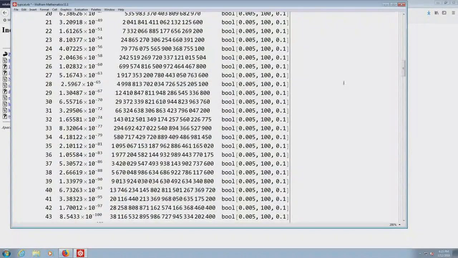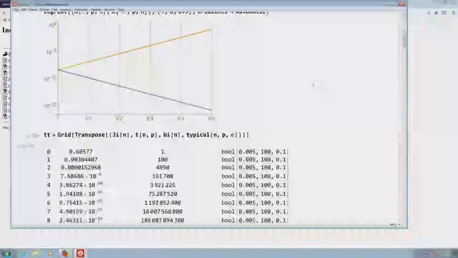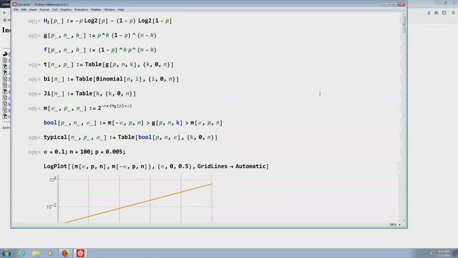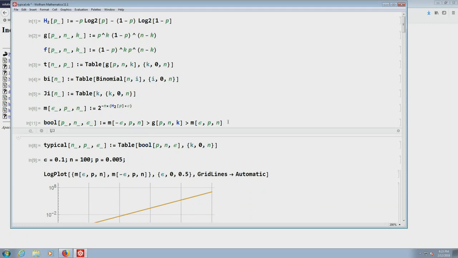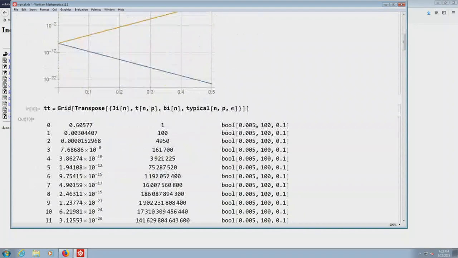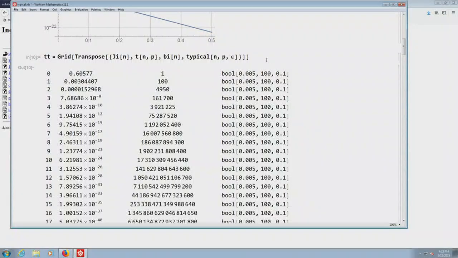Let's just see if anything is typical here, and I'll run the bool thing. And so bool gets run, and it probably won't complain now.